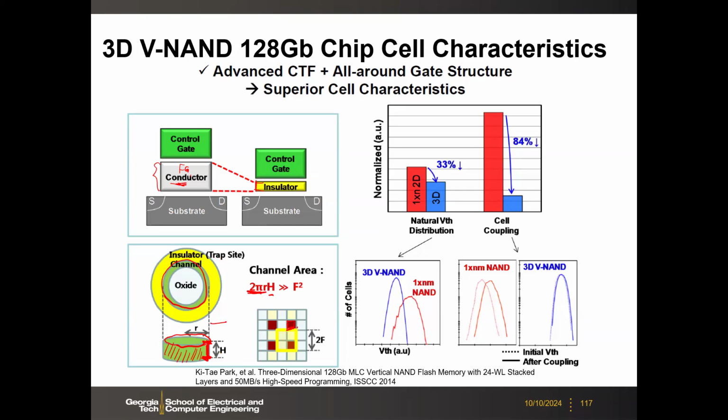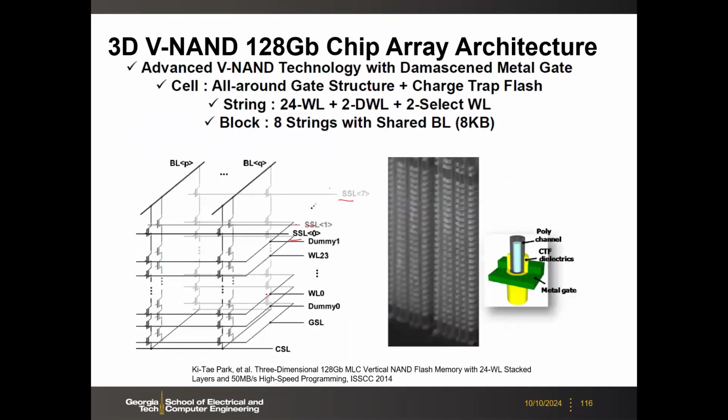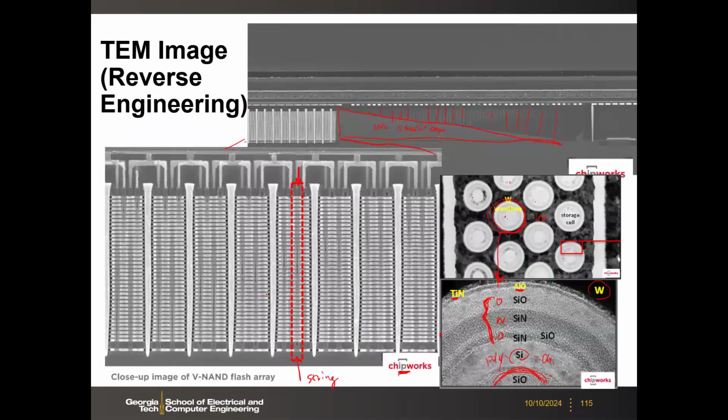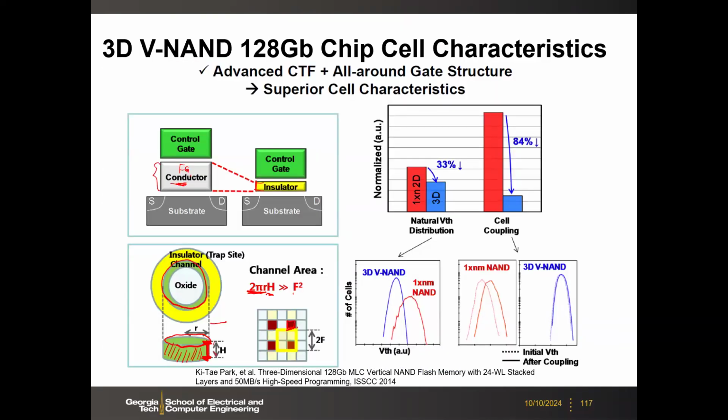that is this side surface, right? This could be much larger than this f times f, because typically the h, for example, can be like 15 nanometer. I don't know the exact number, so maybe from the image you can reverse engineer, but just give some rough number.